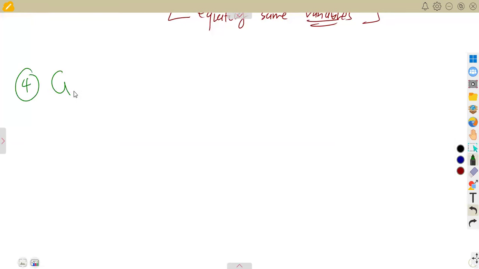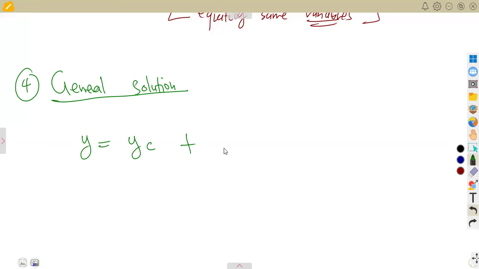So we are going to talk about the general solution. That is the other thing that you're supposed to find. The general solution is a combination of two things: our complementary function and the particular integral.